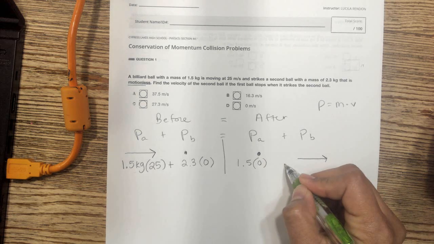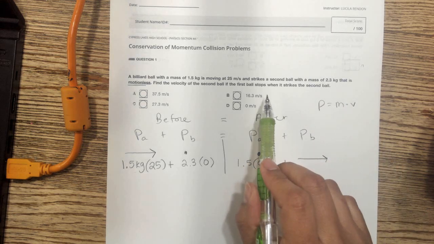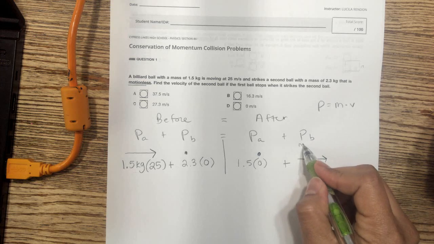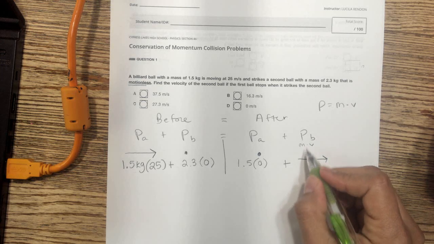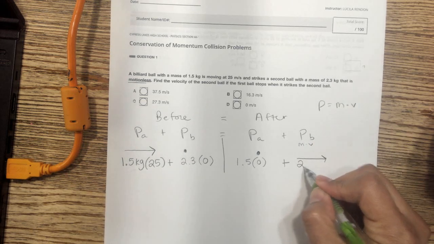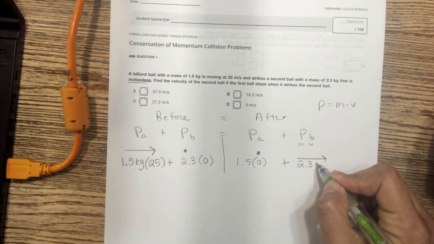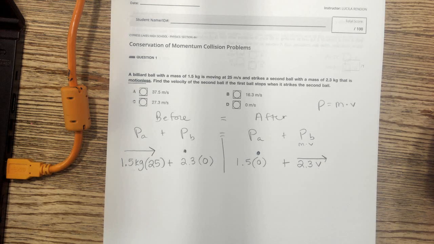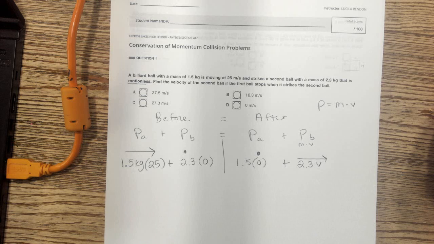It's still going to be 0. And then for the second ball, we're looking for its velocity. Remember that momentum is just mass times velocity, and we know the second ball has a mass of 2.3, and we're looking for that velocity. So that's how you would set it up, and after that, it's just algebra.